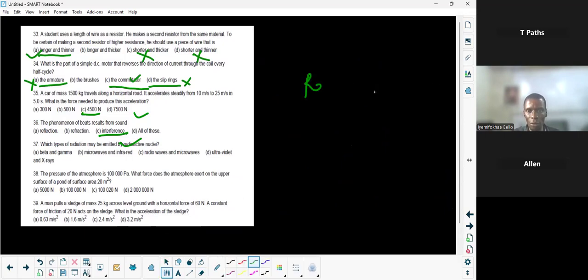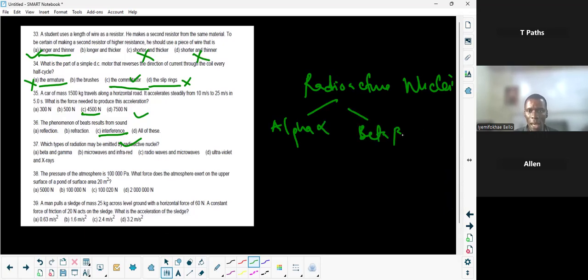A radioactive nucleus, which is a radioactive element, produces what we call the alpha particle, produces the beta particle, and lastly, the gamma ray, which is not a particle, but an electromagnetic radiation. But these are the 3 substances that are produced by radioactive nuclei.